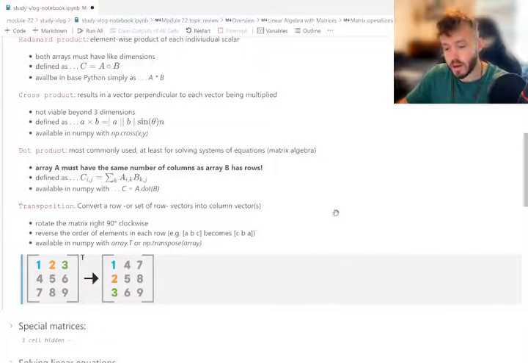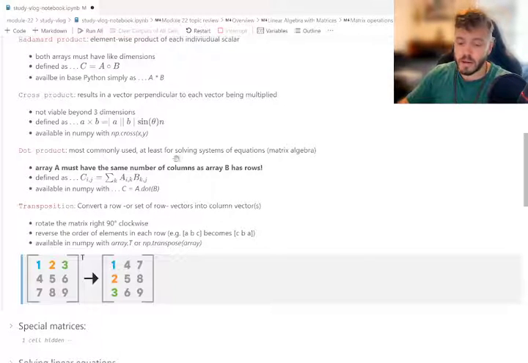Dot product is what we're actually going to be using a lot today. It's most commonly used, at least for linear regressions or solving systems of linear equations with matrices, matrix algebra in other words. There is one big caveat here, you see in big bold. So you have an array A and array B.